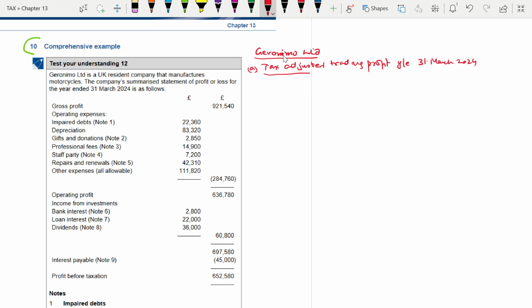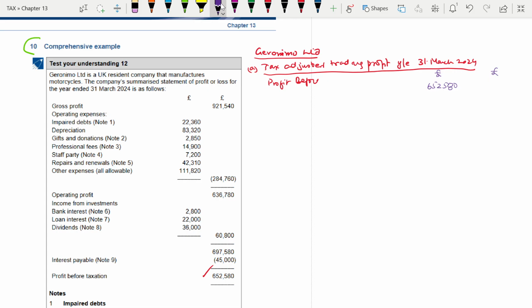They said you have to start with profit before tax, the amount 652,580. Put the number, and put the currency symbol. Don't forget about putting the currency symbol. 652,580.